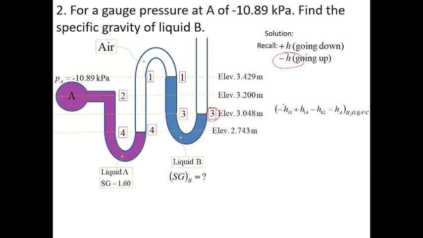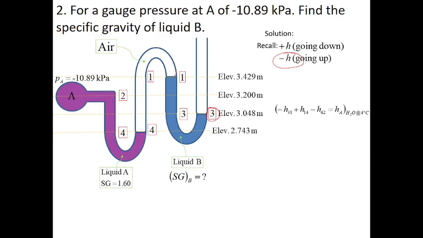We are to express the pressure heads in terms of pressure heads of water. So here from 3 to 1, this is the pressure head for liquid B, and that will be converted to pressure head of water at 4 degrees Celsius. That's why we have minus H31. Then we have this part which is air.